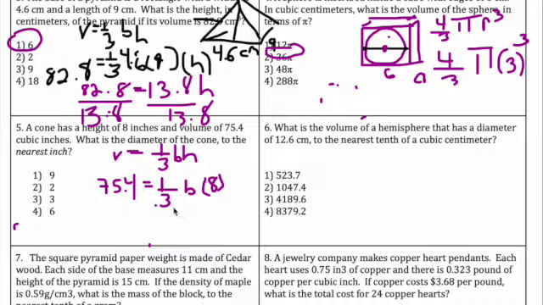Okay, so we have 75.4 equals 8/3 B. Okay, let me move this down, and I cannot. Just want to make it easier to see.